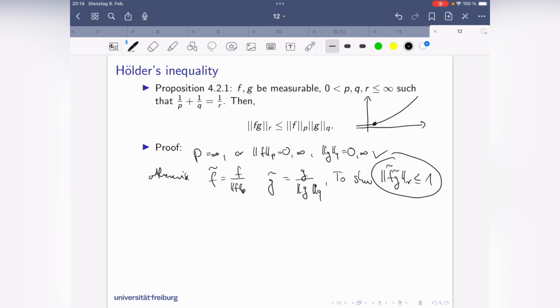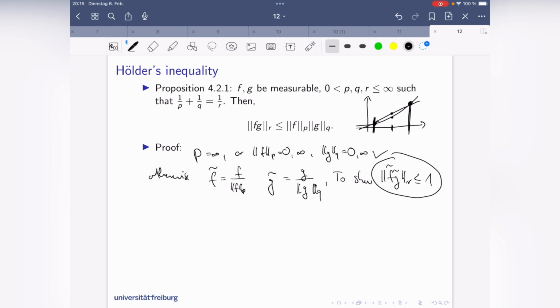Convexity means if you take a point here and a point here, and you make the connection here, and that was not a good draw, like this here, let's say, and you take some intermediate point between these two here, then the function itself is below the line which connects this point and this point. So that's convexity in a picture.